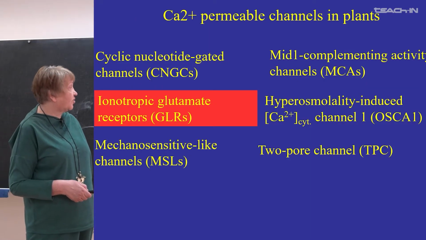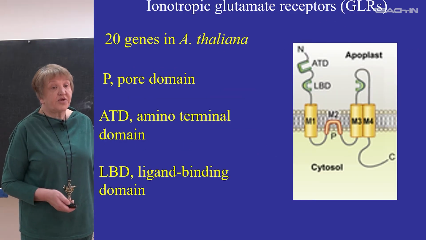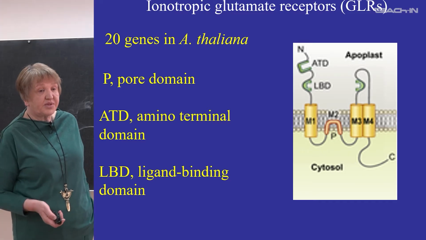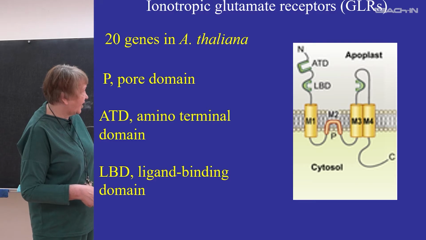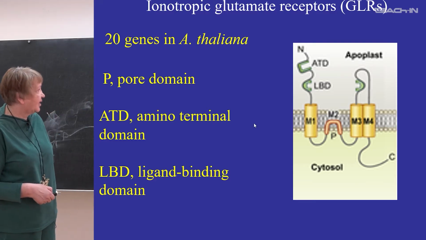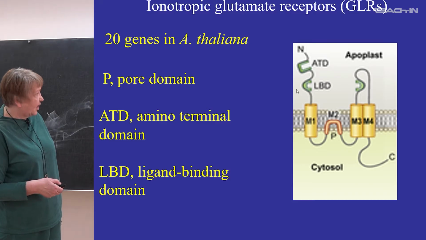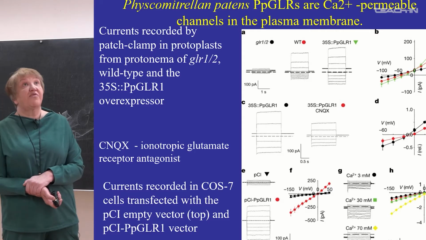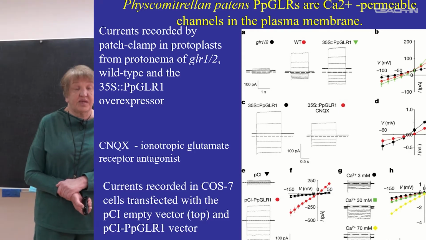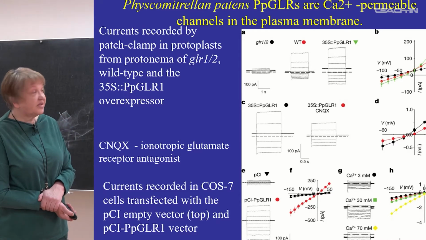So, ionotropic glutamate receptors. There are 20 genes in Arabidopsis, and they have a pore domain, three transmembrane domains and a ligand binding domain. And rather recently, there were really exciting discoveries about this channel.